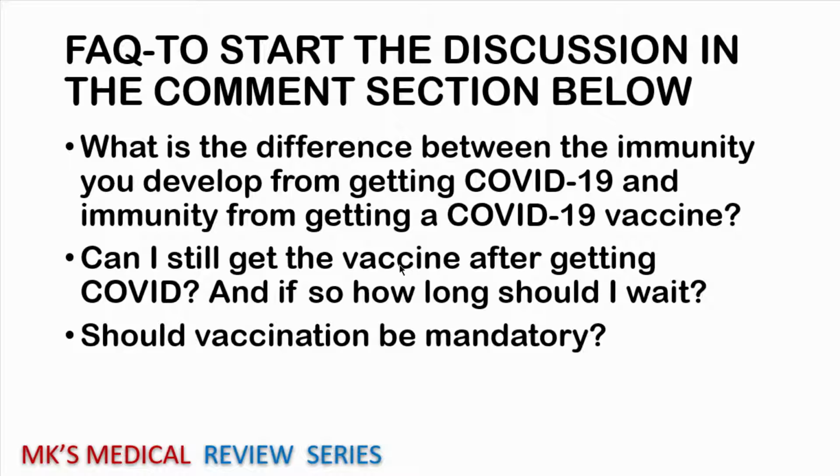And should vaccination be mandatory, which is the biggest question that everyone is asking, because there have been some regulations put out. The discussion here is about protection of individuals, because it's not just one individual but the whole nation, versus the autonomy of the patient. Speaking from a scientific point of view, as a doctor, each and every patient's rights and autonomy must be respected, and you have the right to choose whether you refuse the vaccine or get the vaccine.